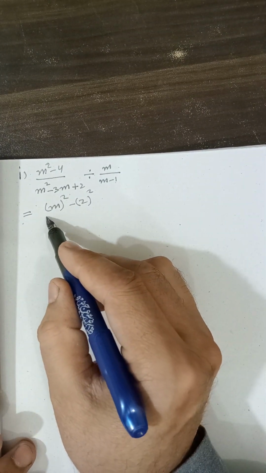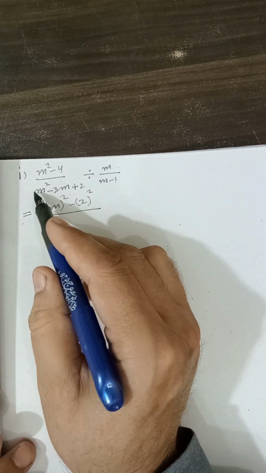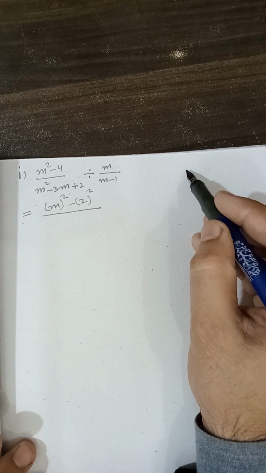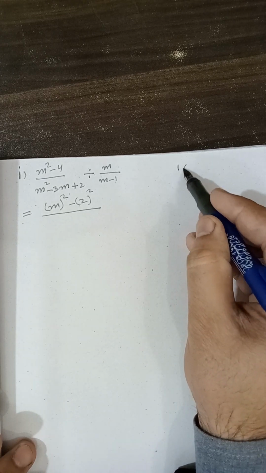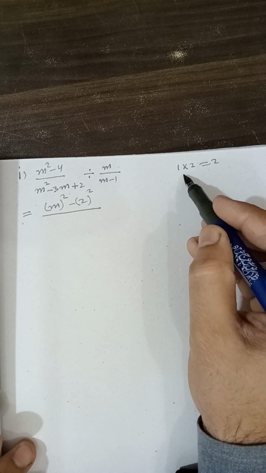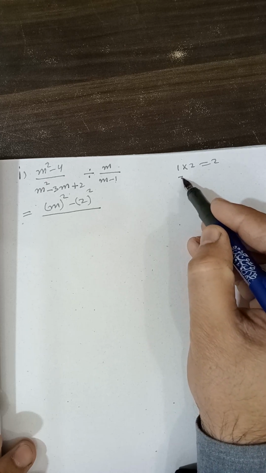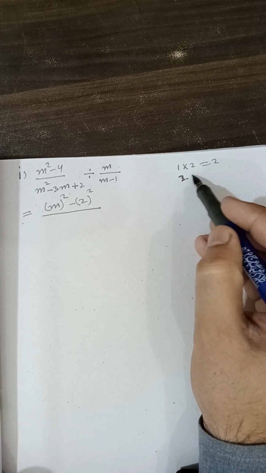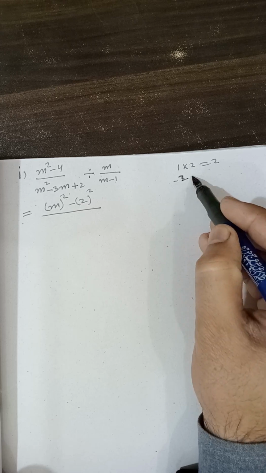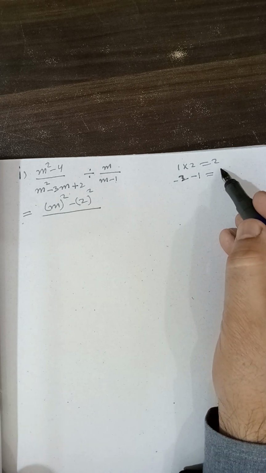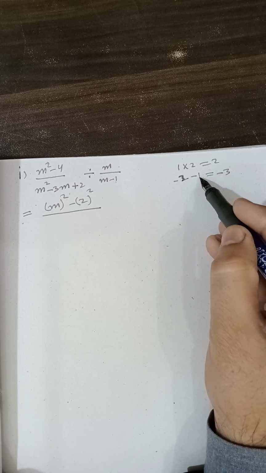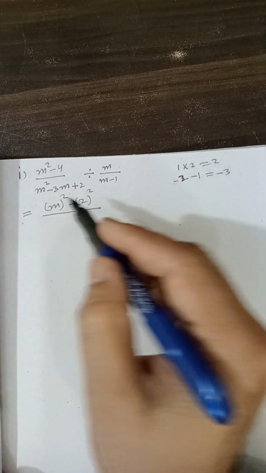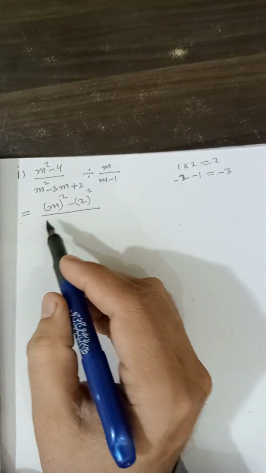In the denominator, 1 and 2 will be multiplied: 1 multiplied by 2 is 2, and 2 multiplied by minus 2 and minus 1 is equal to minus 3. Two 1s are 2, and minus 2 minus 1 makes minus 3. So this is our pair, this minus 3.